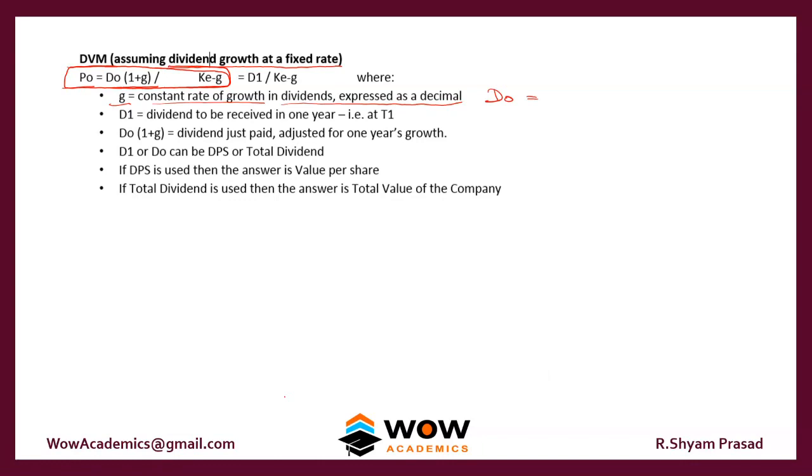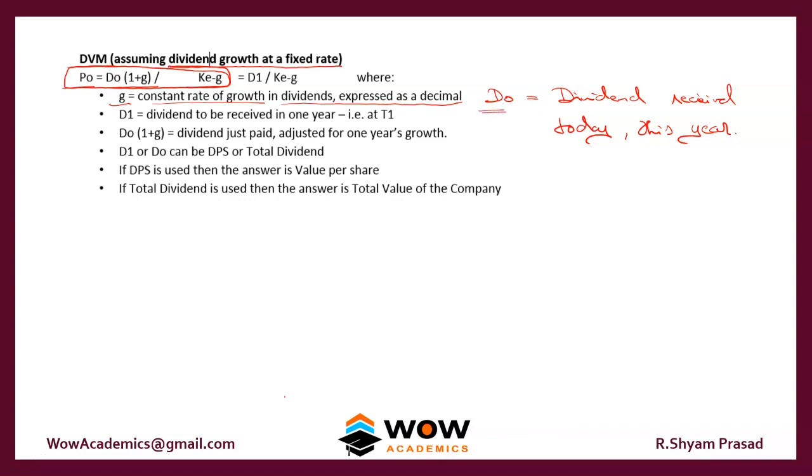D0 here refers to the dividend received today or this year. Any dividend that you receive today or this year is referred to as D0.